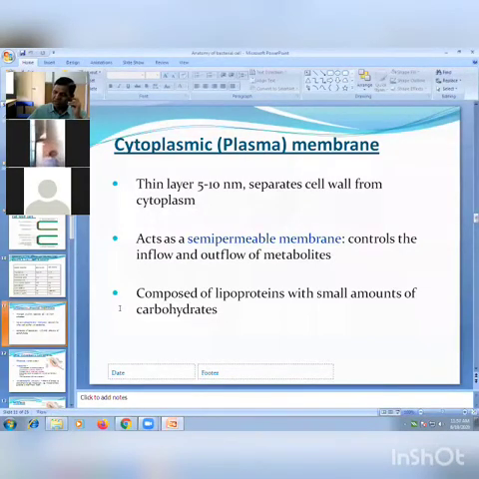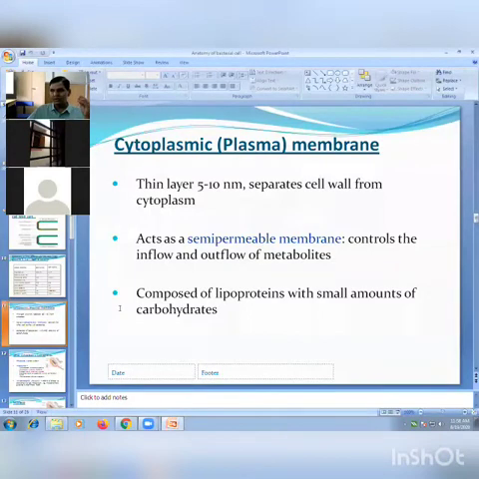The next one is it acts as a site of important metabolites. For example, important enzymes responsible for metabolism or for the formation of citric acid, the oxidases and dehydratases, are also present at the site of the cytoplasmic membrane. The site is known as the site of energy generation.